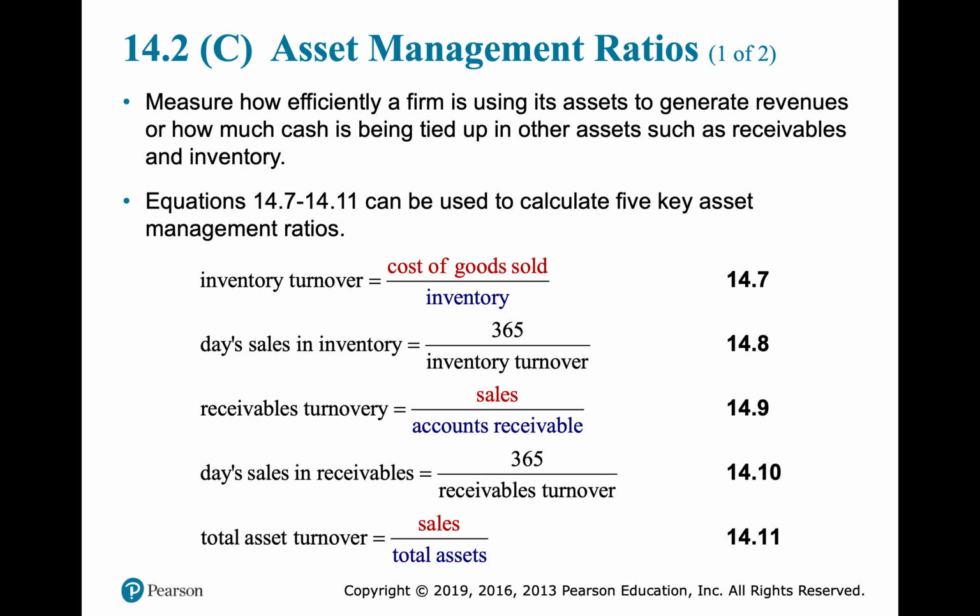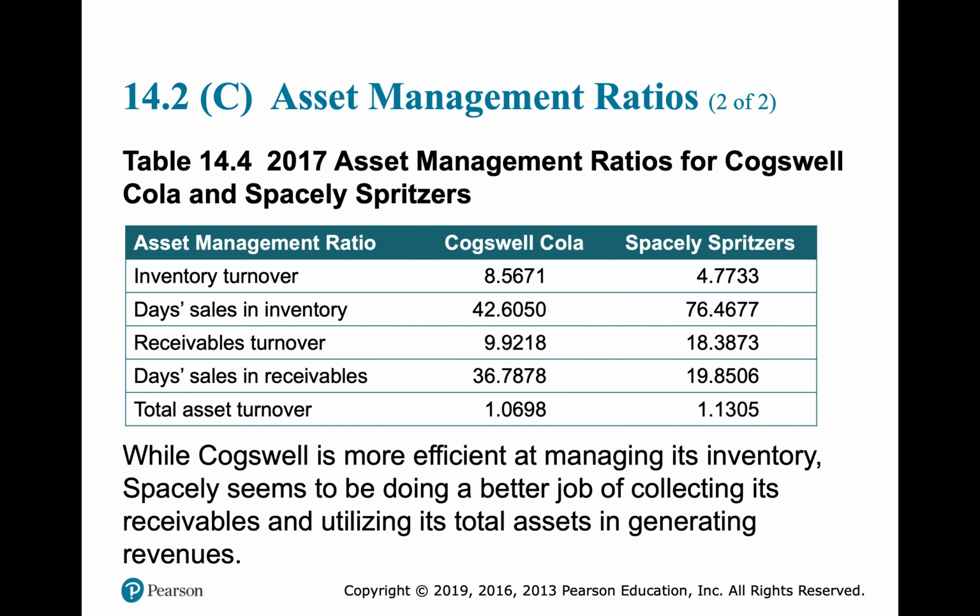And then once again, we're going to look at Cogswell and Spacely to get a hypothetical example. So what you'll note here is we have side-by-side comparisons. And we're going to look at a few different things. First, we're going to look at the inventory turnover.